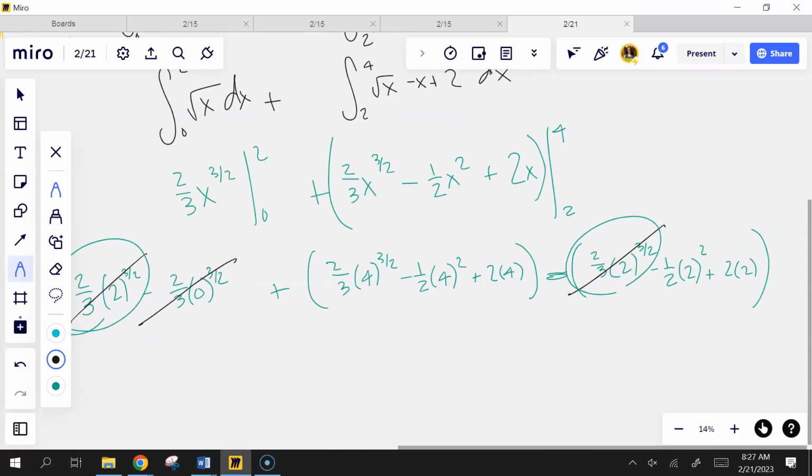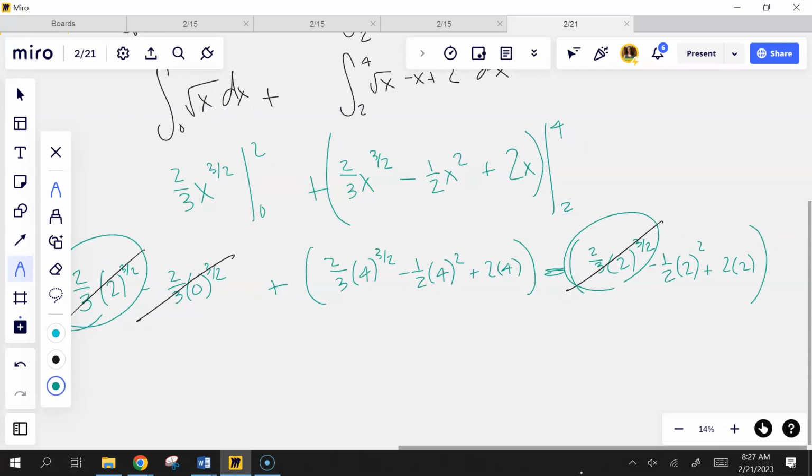That's obviously 0. So now I have 2/3 times, well, the square root of 4 is 2, and 2 to the 3rd is 8. So this is really 8 minus 4 squared is 16, and half of 16 is 8. Well, look at there.